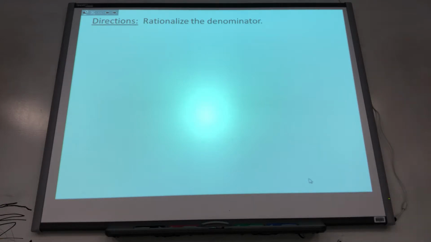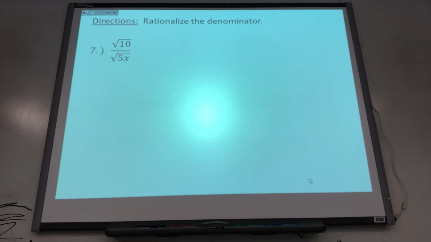By the time we're done with this, we should not have any more roots in the bottom of our fraction. We'll try number 7, square root of 10 divided by square root of 5x.